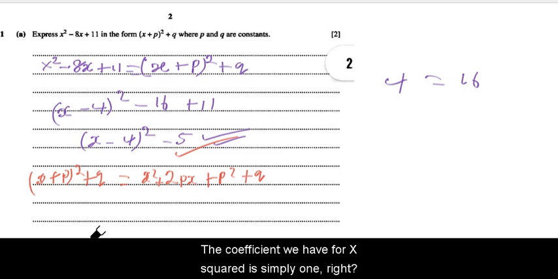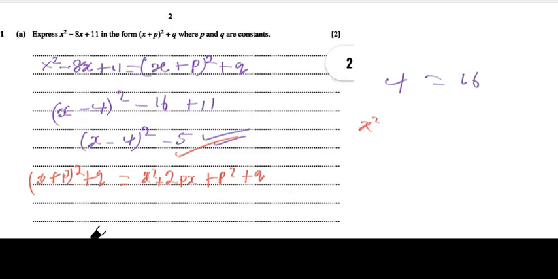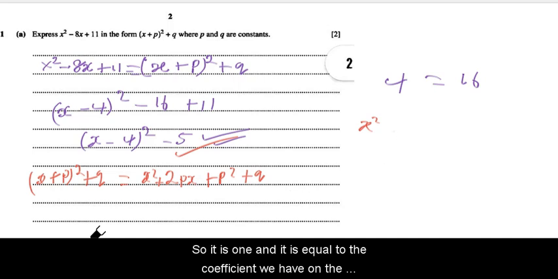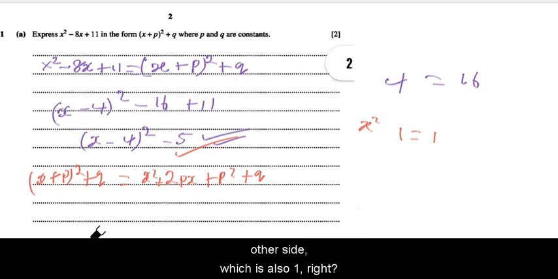The coefficient we have for x squared is simply 1, and it is equal to the coefficient we have on the other side, which is also 1, right?